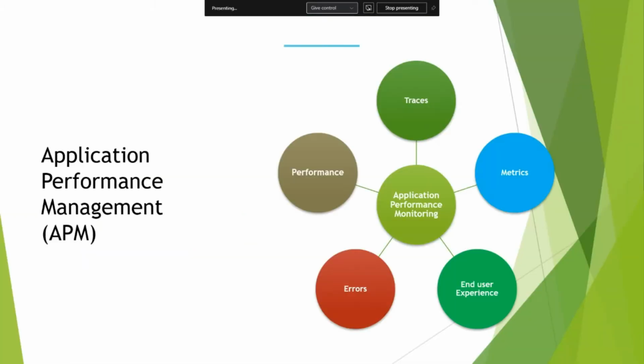Application Insights is a type of APM, an application performance management tool, or some people call it an application performance monitoring tool. What this means is it takes sources of data from various places, like traces, so individual data points, and metrics, maybe CPU, memory, session, end user experience.